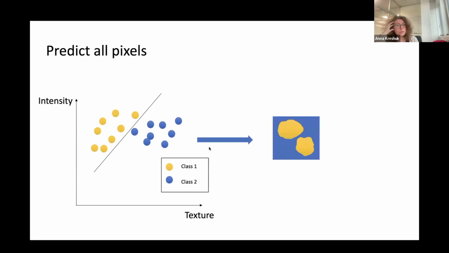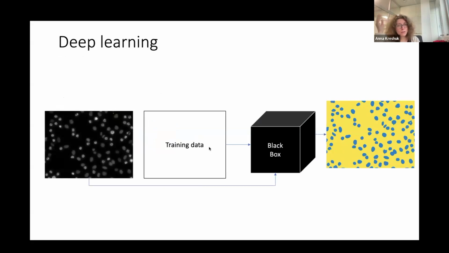Now, if you try that and you see that maybe you're not as good as you thought in deciding what features are actually important for your segmentation problem, or if you just have a difficult problem, then we can go into deep learning. The deep learning will be the subject of what we will talk about today. And the main difference there is that your black box is getting much bigger, because now it has to learn not just where you draw the decision boundary, but also how you transform your data so that it actually is separable in the end.